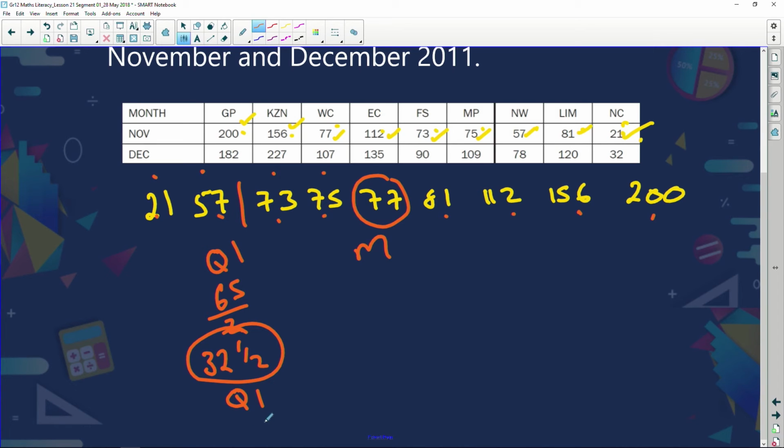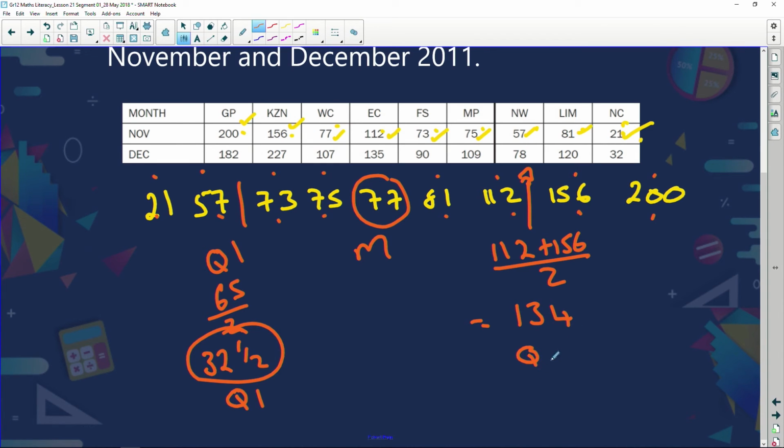Now, let's calculate quartile 3. We've got one this side, one that side, one this side, one that side. Nothing in the middle. So quartile 3 is going to be my 112 plus my 156 divided by 2. So remember, we've got to say 112 plus 156 divided by 2, and I'm going to get an answer of 134.